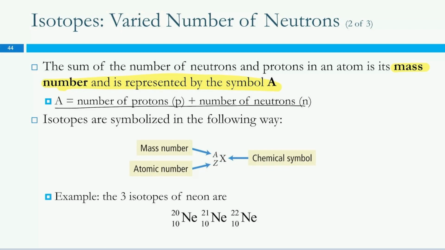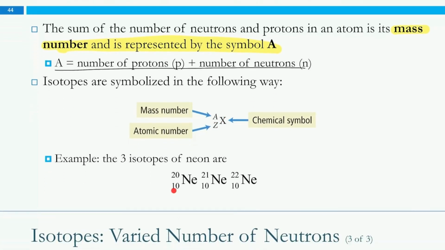So for example, 3 isotopes of neon, all of them have 10 protons, and then they have different mass numbers. You have to calculate how many neutrons there are. It's not too hard, because the mass number minus the number of protons will give you the number of neutrons.